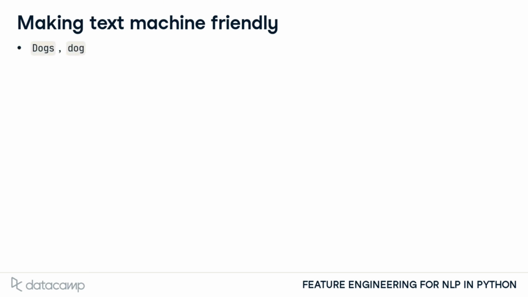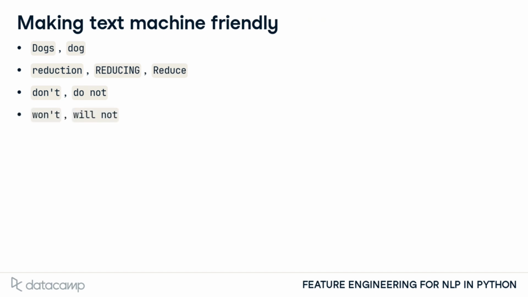Consider the words dogs and dog. Strictly speaking, they are different strings. However, they connote the same thing. Similarly, reduction, reducing, and reduce should also be standardized to the same string regardless of their form and case usage. Other examples include don't and do not, and won't and will not.